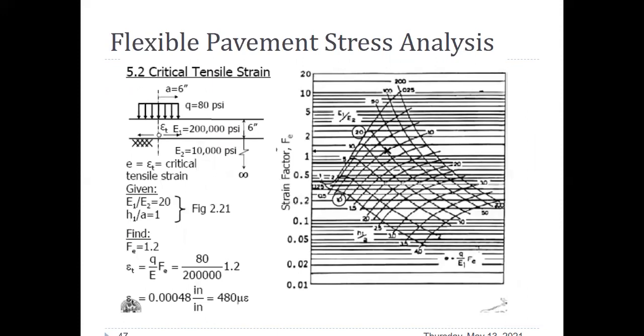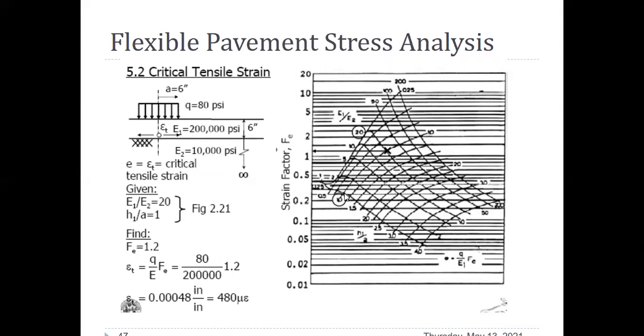Now, if you want to know the critical tensile strain at the bottom of the asphalt layer, you can use this chart. Remember, there is a way to read this chart. The curve going from left to right is the modulus ratio, E1 over E2.